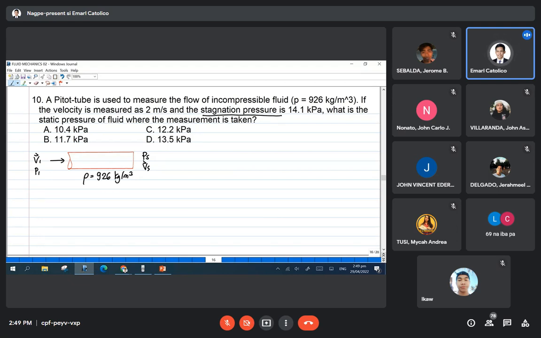Okay, so V1 natin is 2 meters per second. Stagnation pressure is 14.1. Ano pa ba ang given? Wala na. What is the static pressure of fluid where the measurement is taken? So, P1 ang hinahanap.